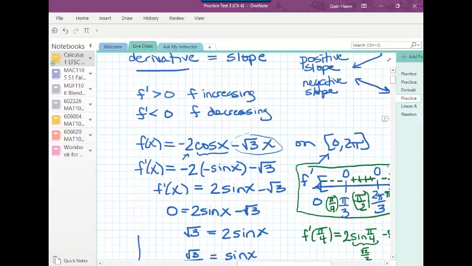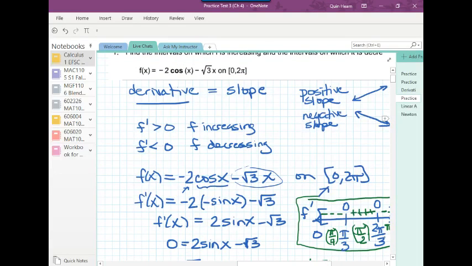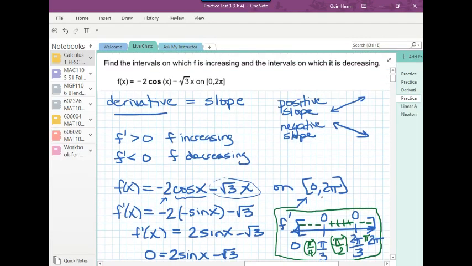All right, the question that was asked was, where is the original function increasing or decreasing? So wherever its first derivative is negative, we're going to have decreasing. And wherever its first derivative is positive, we're going to have increasing.